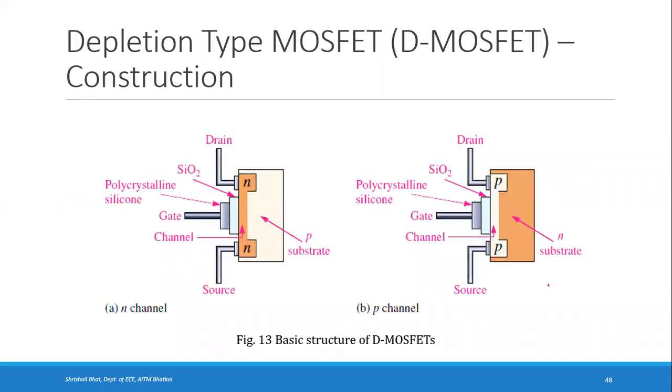In the P channel, the substrate is of N type and the channel is of P type, and the diffused regions are of P type. In depletion mode, you are connecting a positive voltage to the gate and source. Because of the positive potential here, negative charge carriers will be induced in the channel.